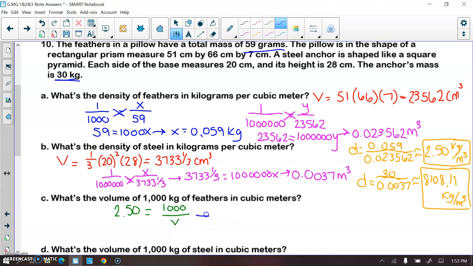Multiplying both sides by the volume, I would have 2.50 V is equal to 1,000. And then to find the volume from here, and this is going to be rounded because I already rounded the 2.50, I'm going to divide by 2.50 to get approximately 400 cubic meters.